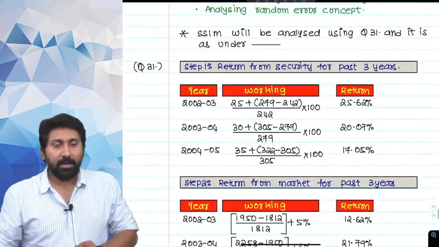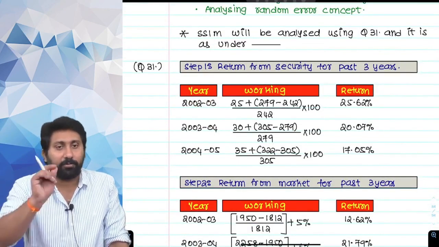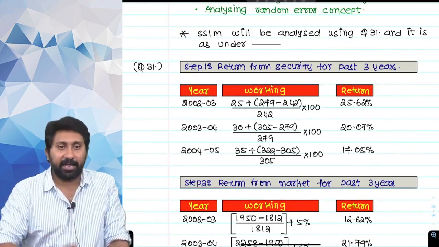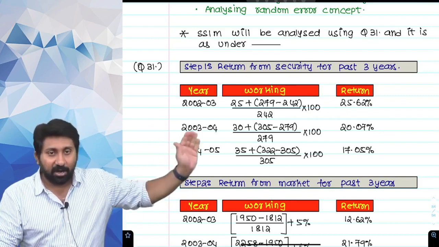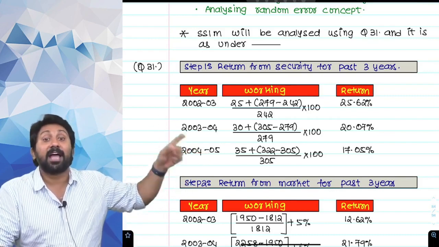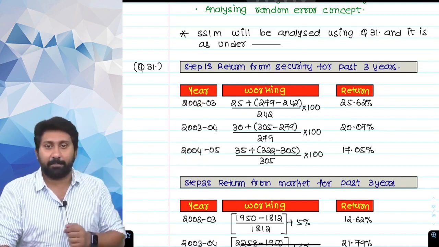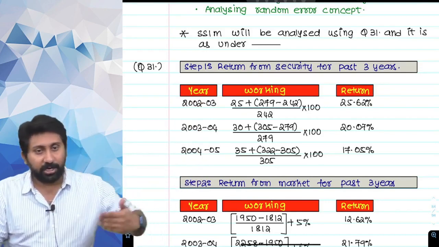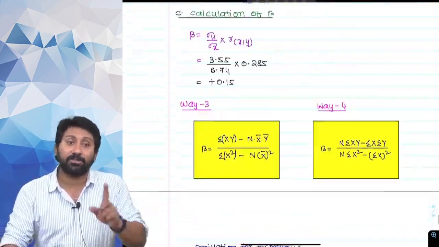What is the return that the security has given? First year 25.62, second year 20.07, third year 17.05. These are the actual returns that actually happened in the past 3 years.